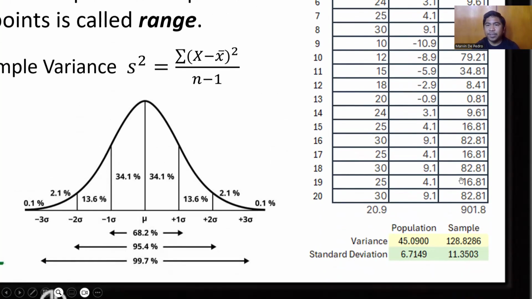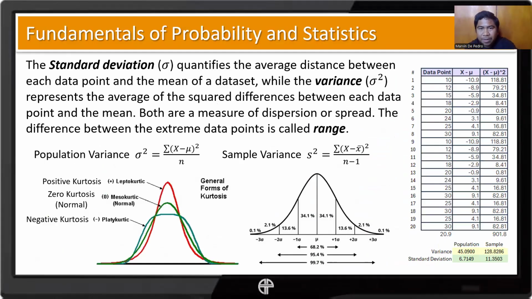Take the sum of the squared values and you divide that. Okay, so that's basically part of the process of determining the standard deviation using the tabular approach.